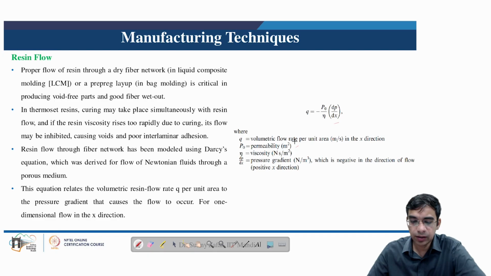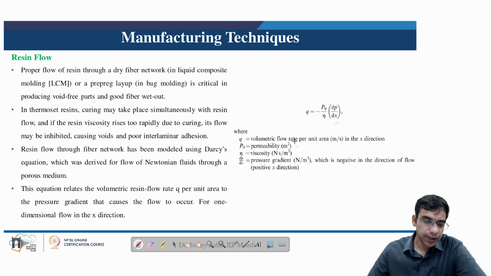So the permeability of those porous fabrics has to be modeled here, and viscosity here, eta, is the viscosity of the epoxy, and the pressure gradient is the pressure which is applied to pump or push the epoxy from the resin tank into the mold, and this has a negative sign, because the direction of flow is positive.